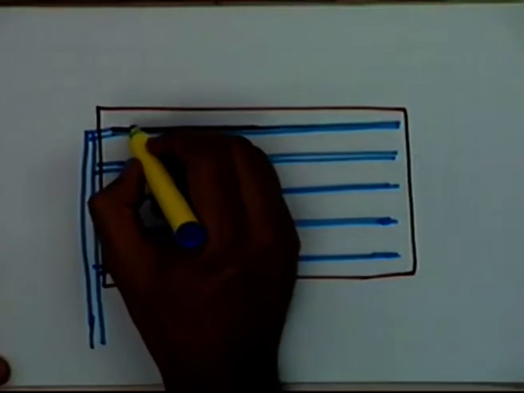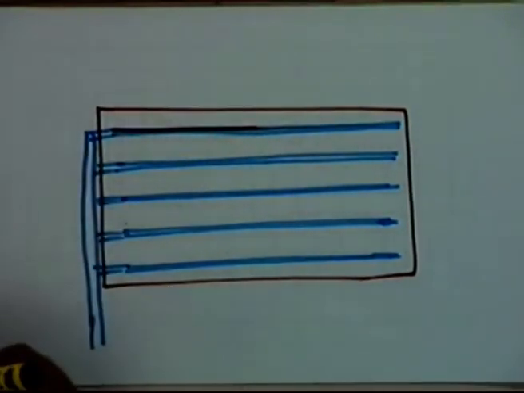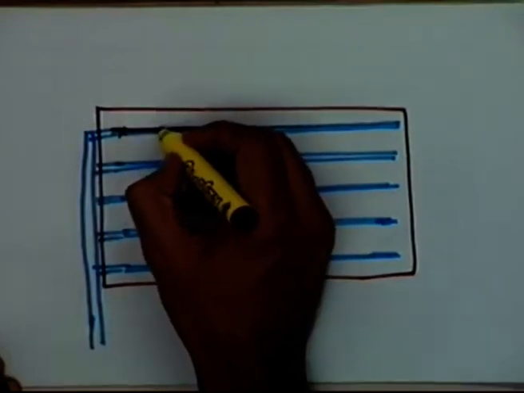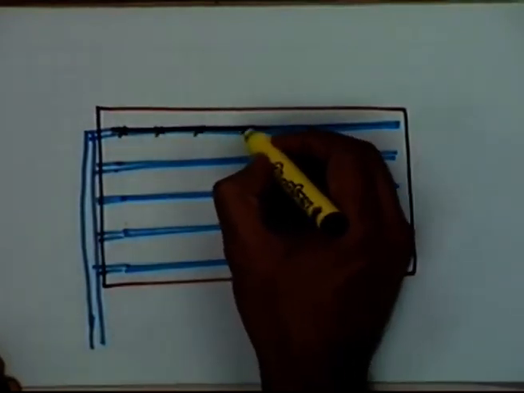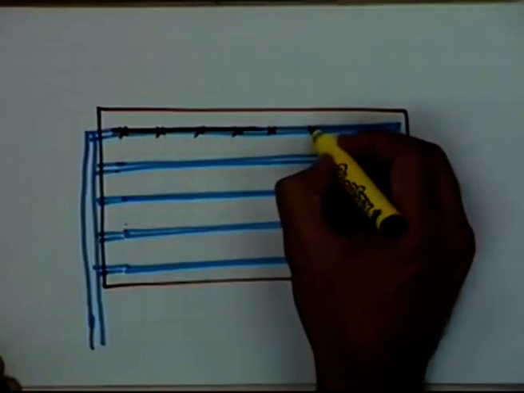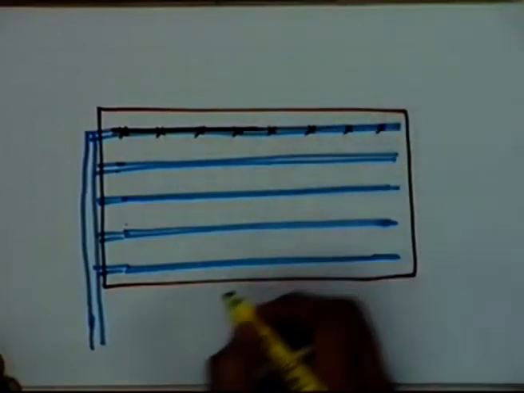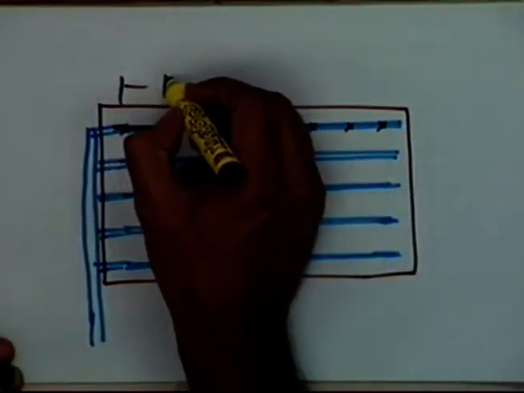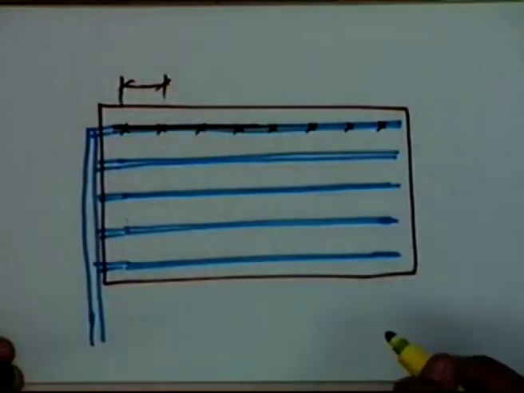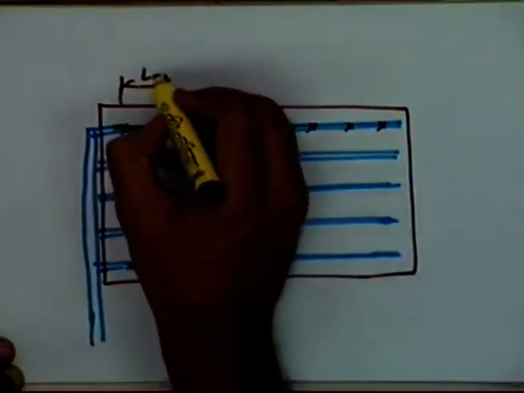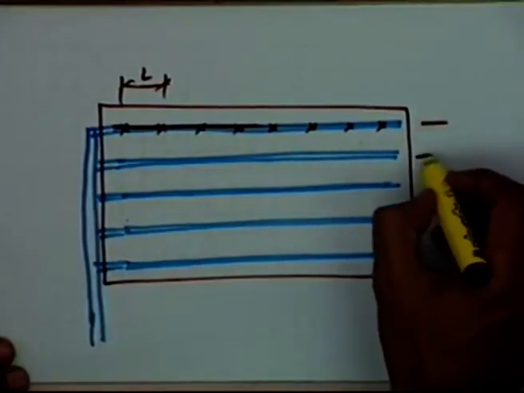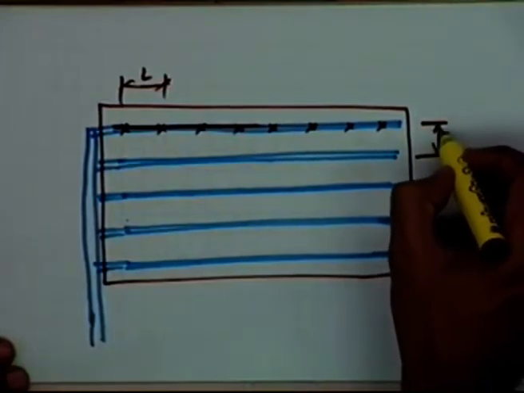Now on each of these locations I have these nozzle heads which are located at some spacing. So my design parameters will be: what will be the spacing between the nozzle heads, let me say L, and what is the spacing between these two pipes.